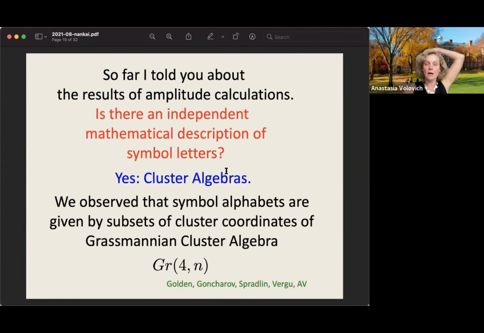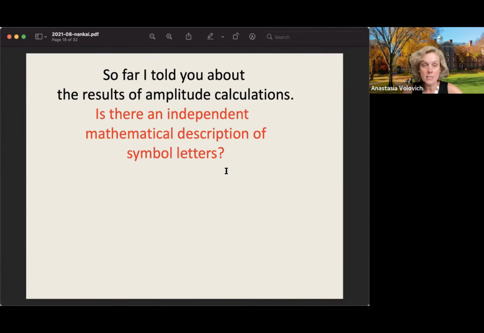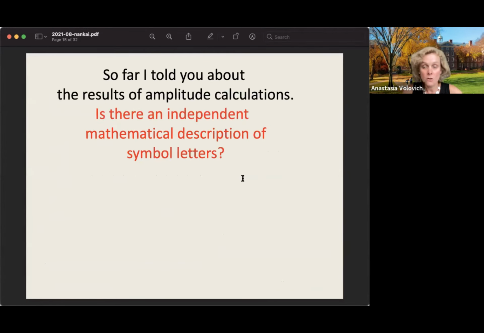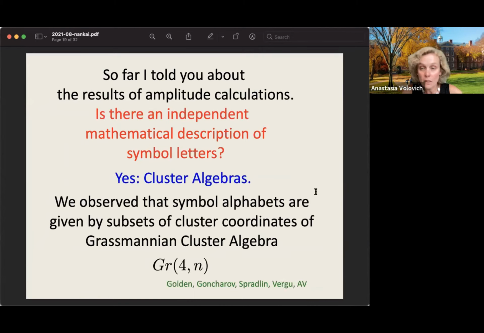Remarkably, for 6 and 7 points, these are very nicely described by cluster algebras. I see there was an expert, a cluster algebra inventor, Misha Gekhtman, online, so for others I will describe this very quickly.